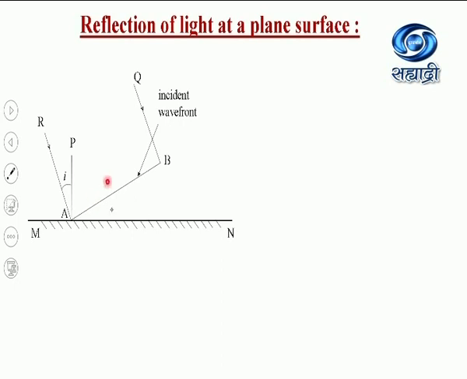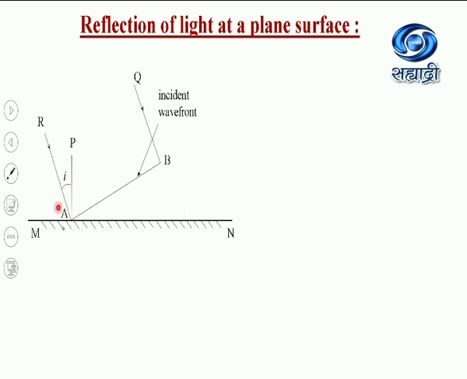And once they reach the reflecting surface, they will act as secondary sources of light and they will emit the light waves back into the same medium. As all these are point sources, they will emit the light waves in the form of spherical wavelets.